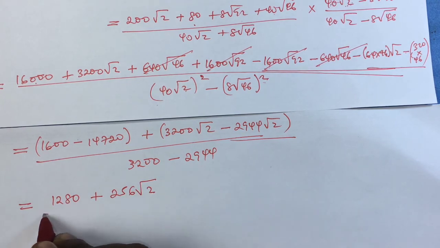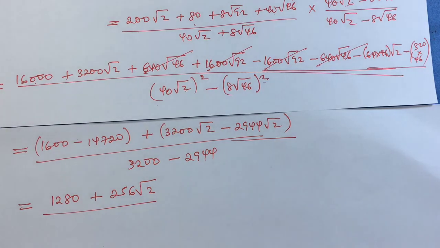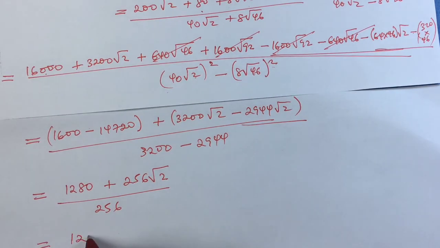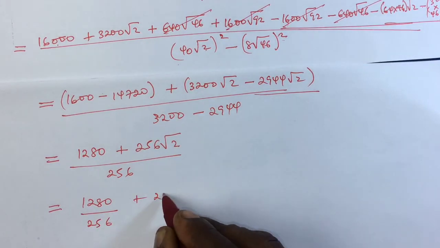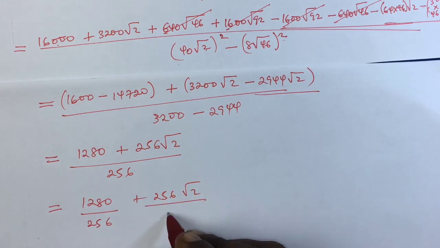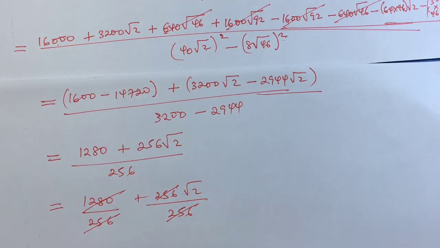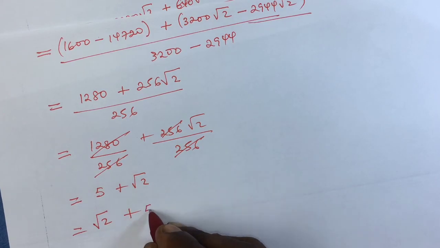So when it is simplified, you end up having the numerator giving you 1,280 plus 256 root 2 all over 3,200 minus 2,944 will give you 256. And this can now simplify to this over 256 plus this root 2 over 256. Okay? Clearly this cancels, giving you 5 plus root 2, which can also be written as root 2 plus 5.